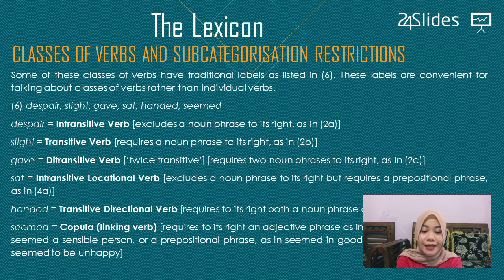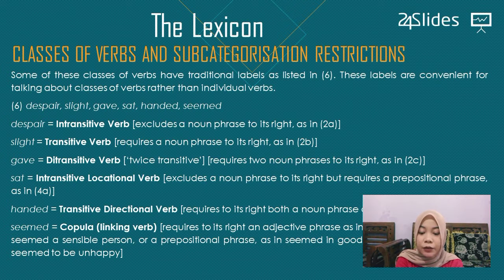Okay, next is classes of verbs and subcategorization restrictions. Some of these classes of verbs have traditional labels as listed in 6. These labels are convenient for talking about classes of verbs rather than individual verbs. The first, despairs. Intransitive verb excludes a noun phrase to its right as in 6a. Then slighted. Transitive verb requires a noun phrase to its right as in 6b.